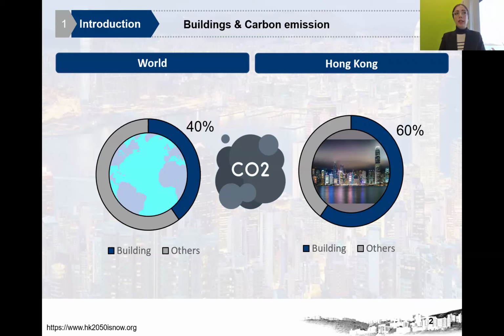This shows that if we want to move toward carbon neutrality, we need to optimize building energy systems, especially during their operational phase.